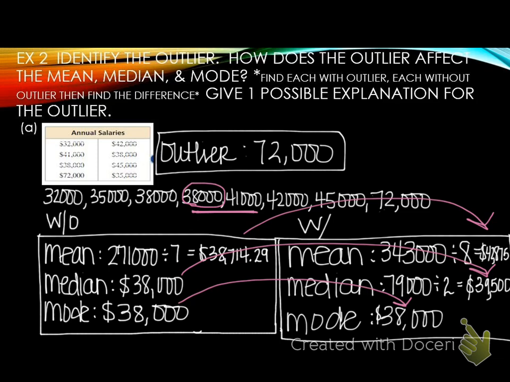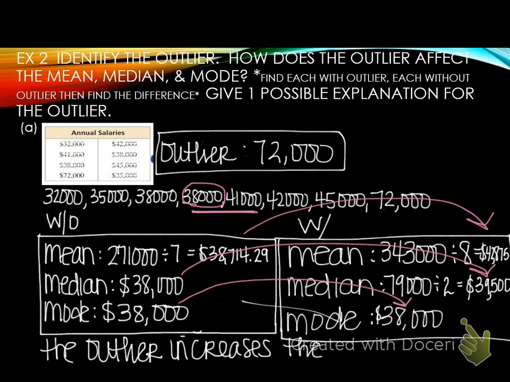So your explanation would be that the outlier increases the median and the mean, but does not change the mode.